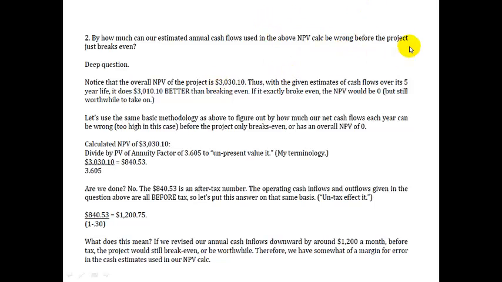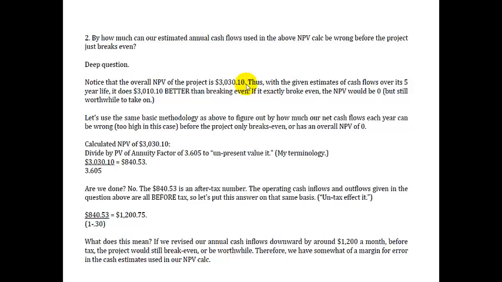So how much of this $3,030 could we use basically each year until it turned into 0, thus showing us how much our cash flows could be wrong by for each year of 5 years before the project only breaks even? I think as we do this calculation and you think through it, it'll become crystal clear.